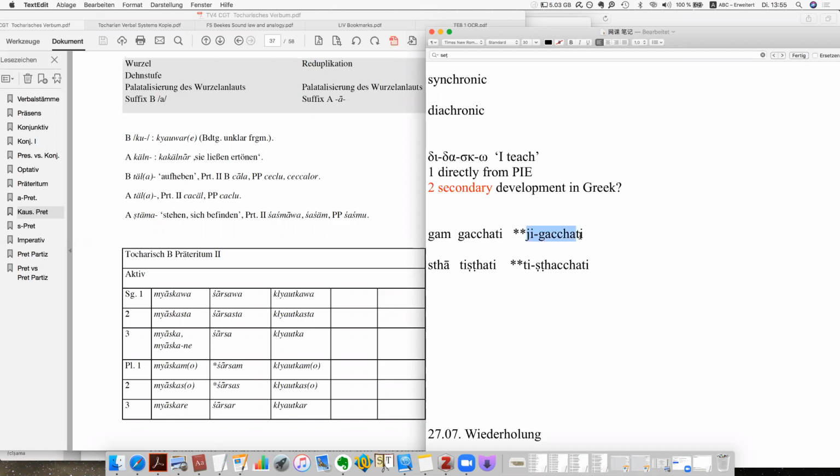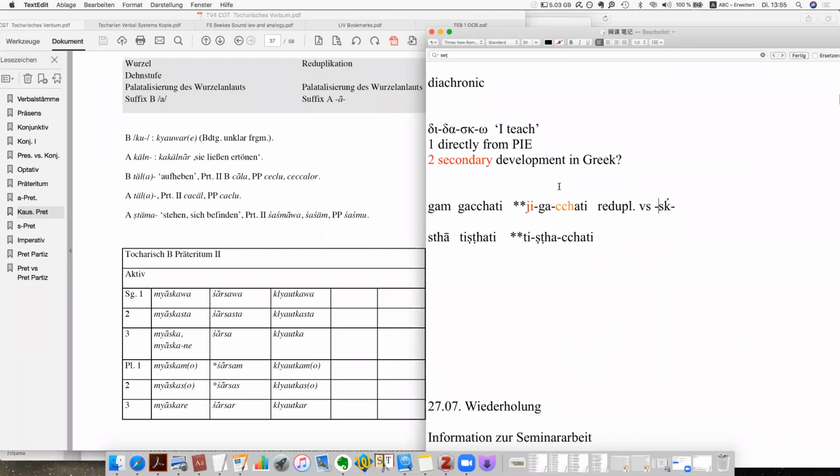They are all not attested in Sanskrit. You won't find such strange forms in Sanskrit. So this is reduplication and this is sk, right? They're actually two different ways. Reduplication versus sk present. There are two different ways to build the present in Indo-European languages, right?